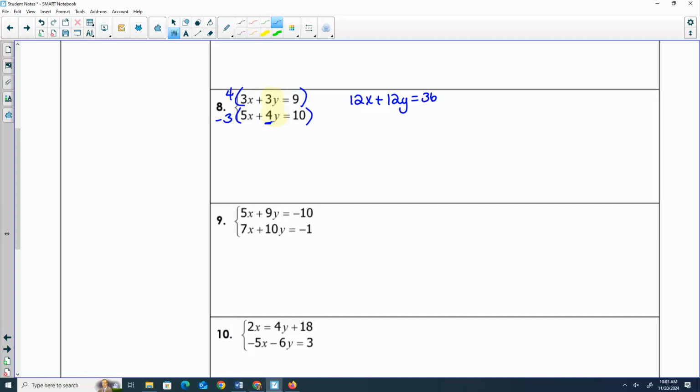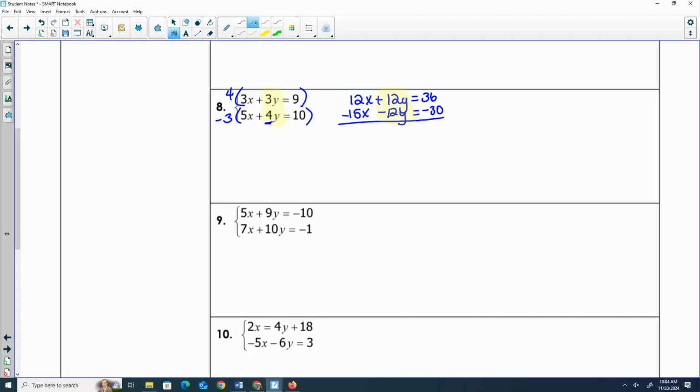So, I take all of those numbers times negative 3. So that's negative 15x minus 12y equals negative 30. Double check. Are my y's opposites?